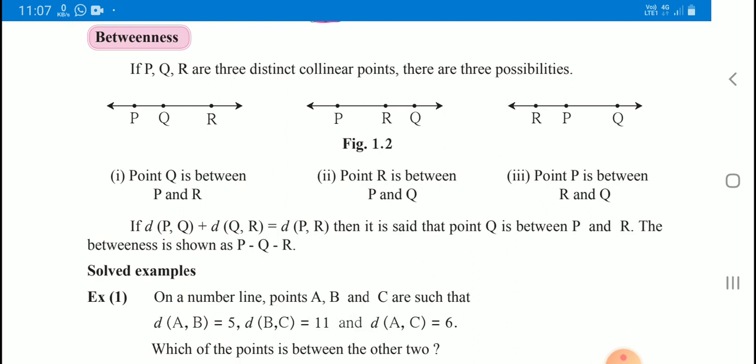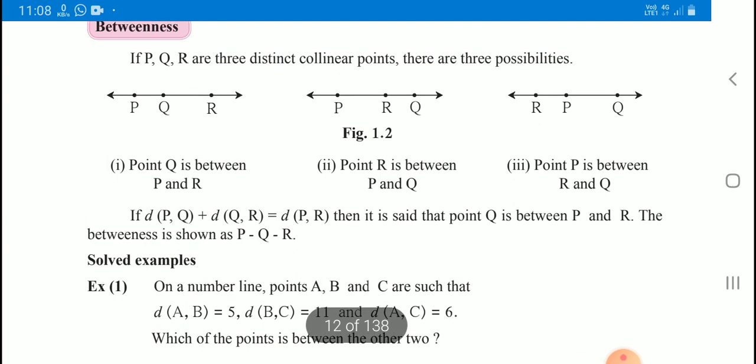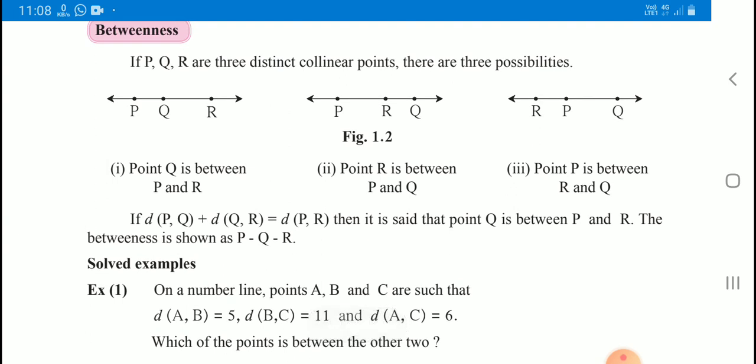Means if the 3 points are distinct and collinear points, then there are three possibilities. Here they showed it by using the points P, Q and R. So we can write in the first figure that distance PQ plus distance QR is equal to distance PR. Second one, distance PR plus distance RQ is equal to distance PQ.